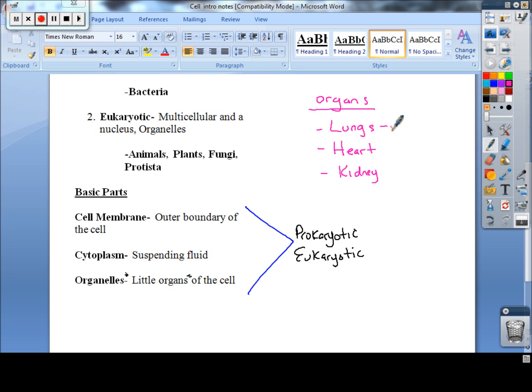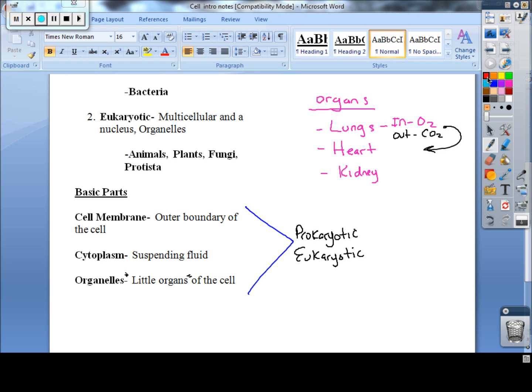The lungs, what do they do? They bring in O2. They take out CO2. They give it really to the heart.